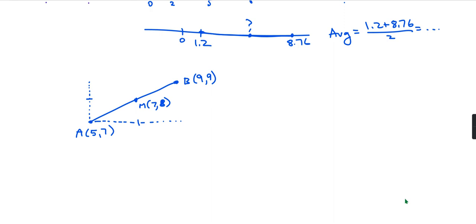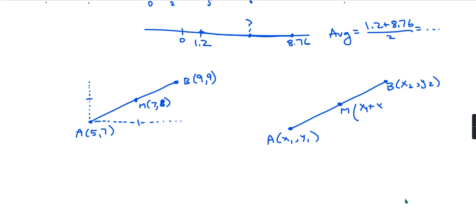All right, so in general, what we do is this. If I have two points, A (x1, y1) and B (x2, y2), then where is the midpoint? The midpoint is going to be halfway between the x's, so it's going to be the average of the two x's, and then halfway between the two y's, so it's going to be the average of the two y's.